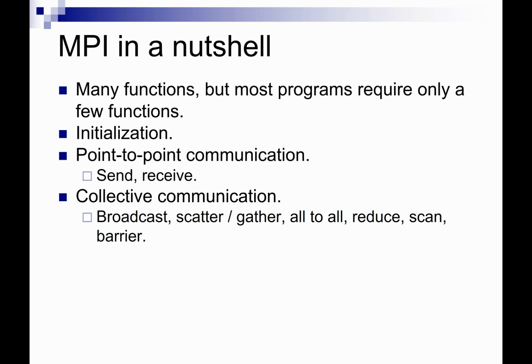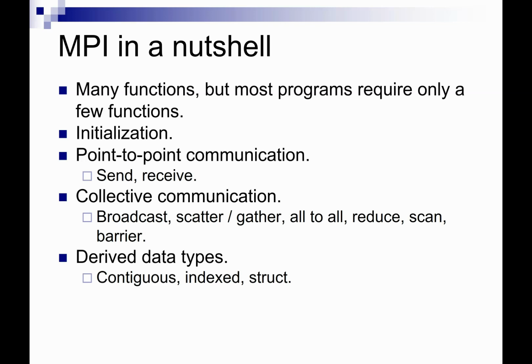We have functions that help initialize the program. We have functions for doing point-to-point communication, like send and receive functions. We have collective communication functions, where you communicate with a group of processes. You can either do broadcast to them, or you can do operations called scatter or gather or all-to-all, reduce, scan, barrier. We're going to talk about all of those later.